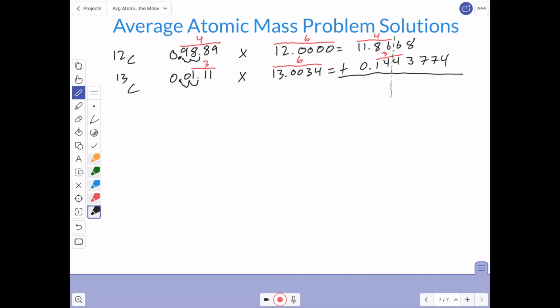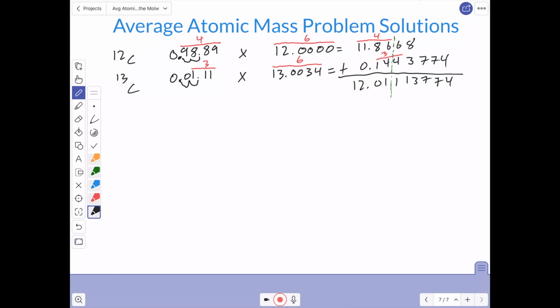4-function calculator, let's add 11.8668 plus 0.14437774. That gives me 12.0113774.